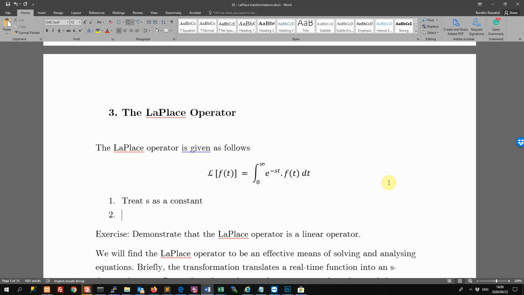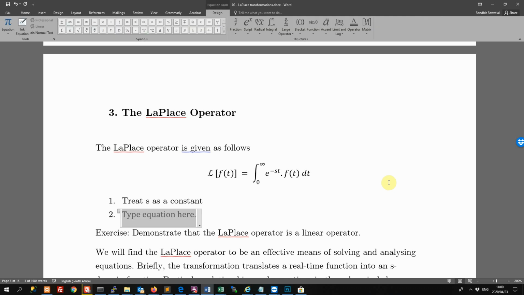The second thing is we should note that the integration by parts formula is going to occur many times. So we remind ourselves the integral of fg is f times the integral of g, minus the integral of the derivative of f multiplied with the integral of g. So the integration by parts formula.